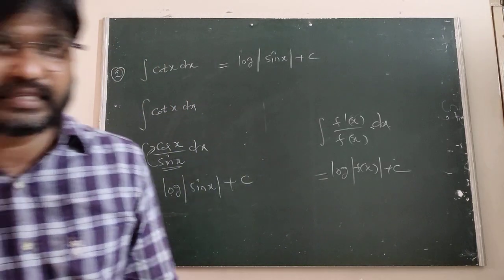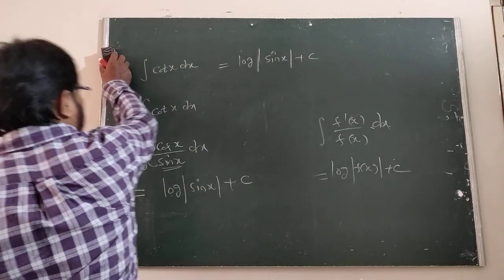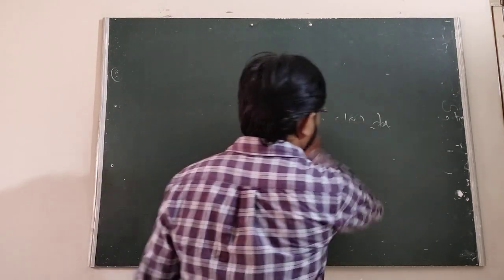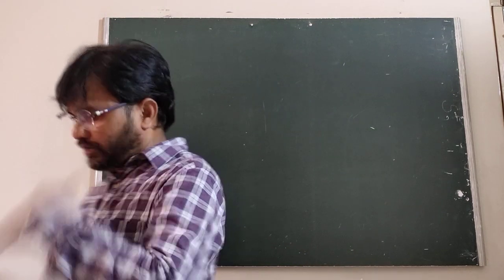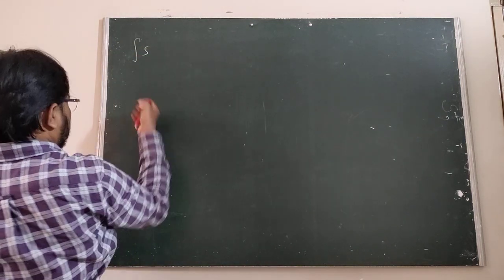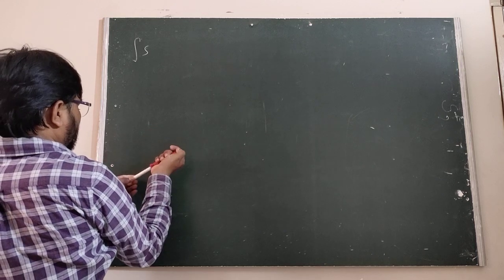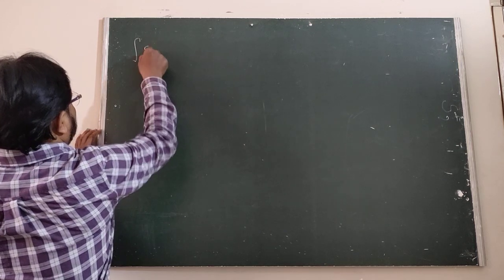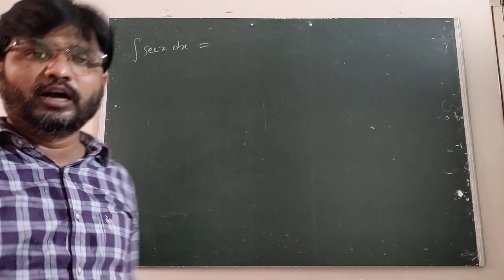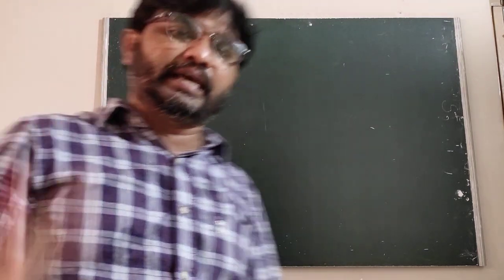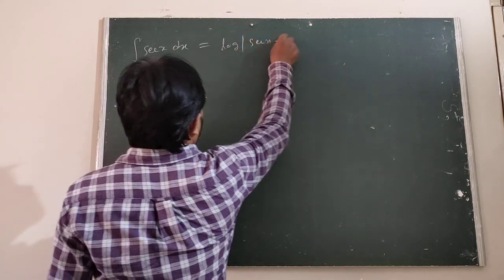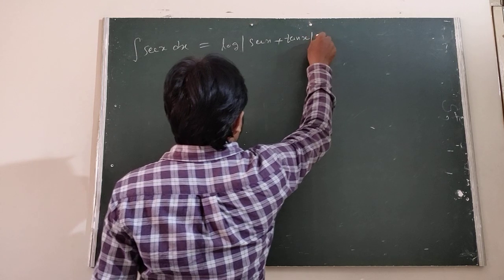Now we are going to discuss the integral of secant x. The integral of secant x dx is of the form log mod of secant x plus tan x plus c.